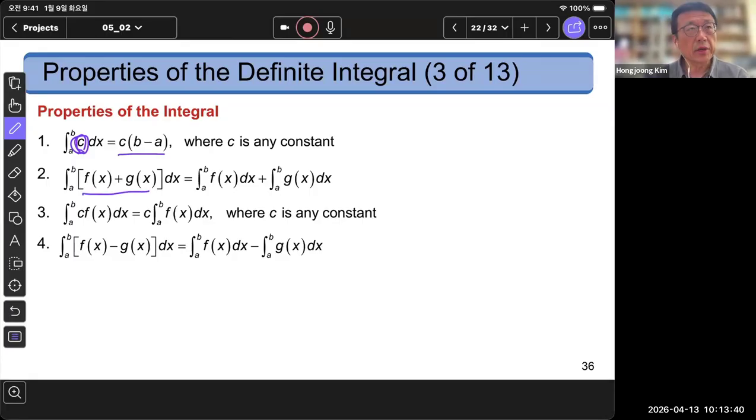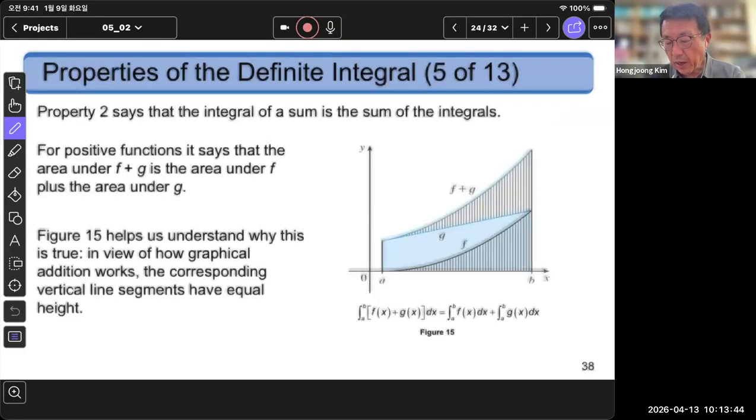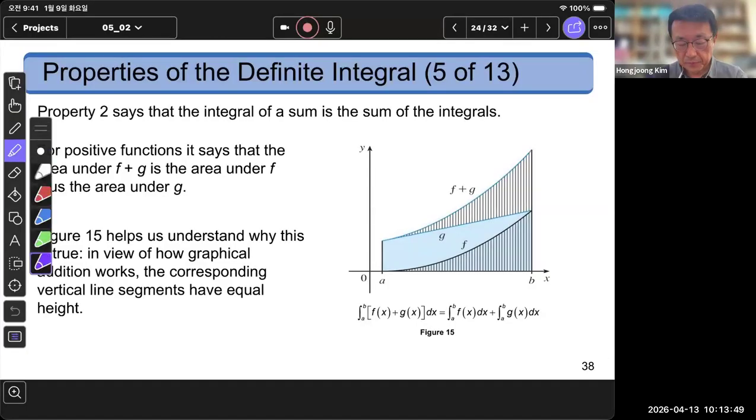And if I integrate f of x plus g of x, now if I have two functions, f of x and another function g of x, when I add these two, you get this one. This is f plus g.